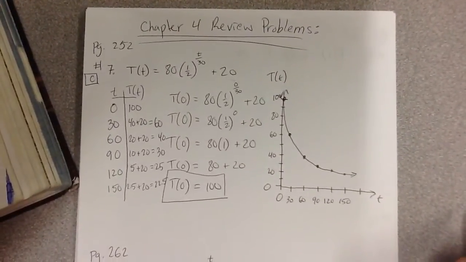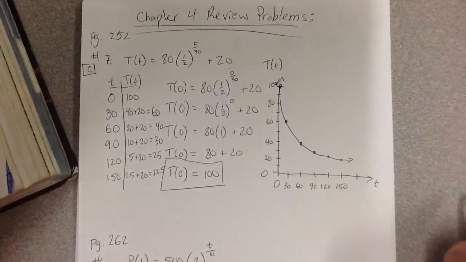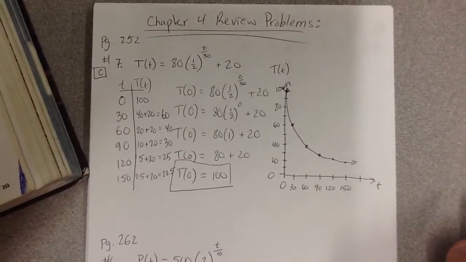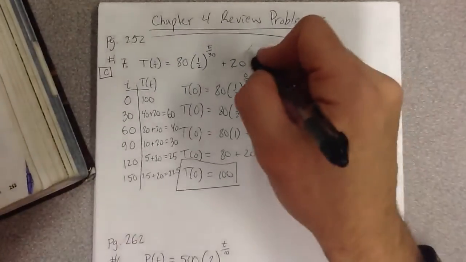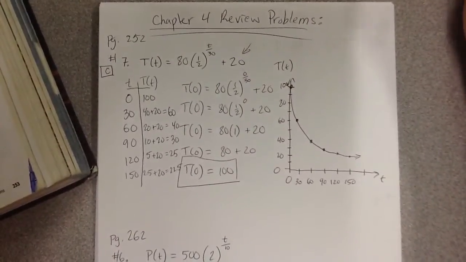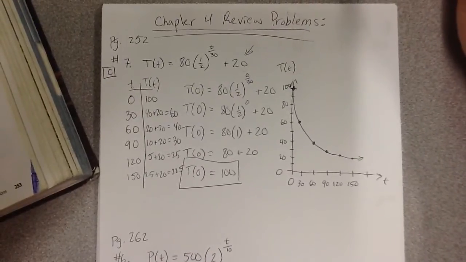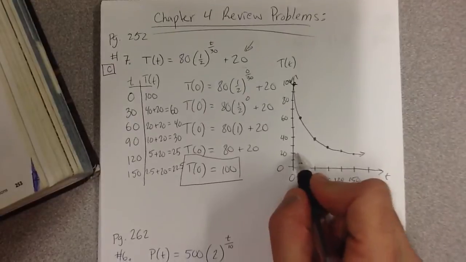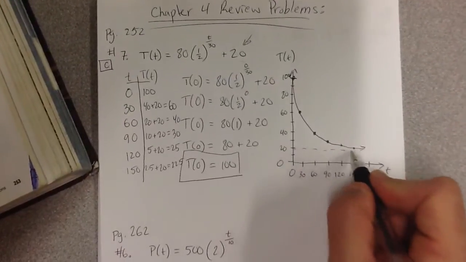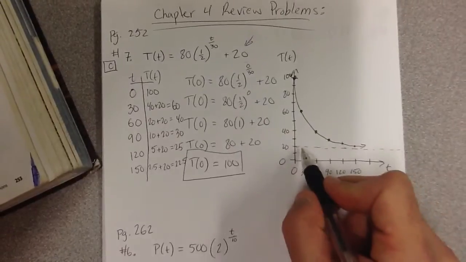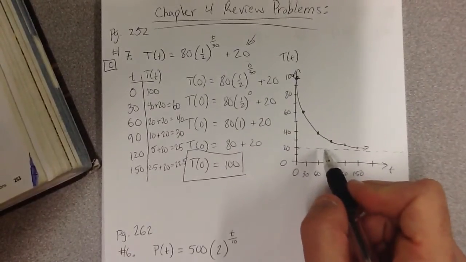Now, what affects the equation of the horizontal asymptote? From last section, what affects it is if there's a C value. See, if you take a look at the problem again, it says the room temperature is 20 degrees Celsius. So obviously the hot cup of liquid coming into the room is going to get colder and colder until it gets closer and closer to room temperature, and room temperature is 20 degrees Celsius.